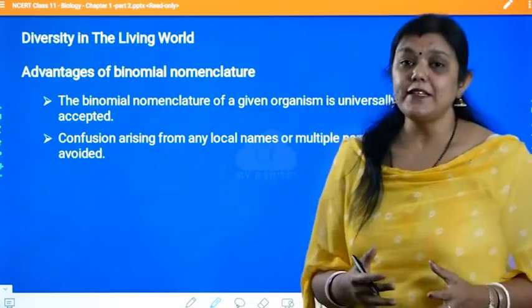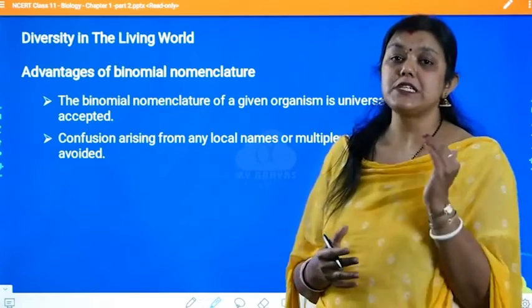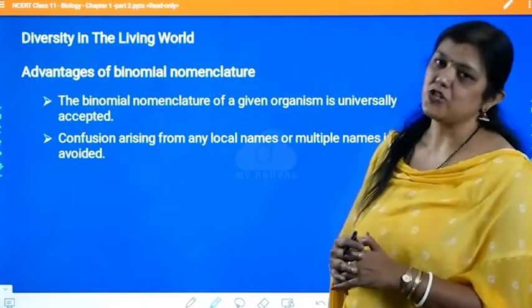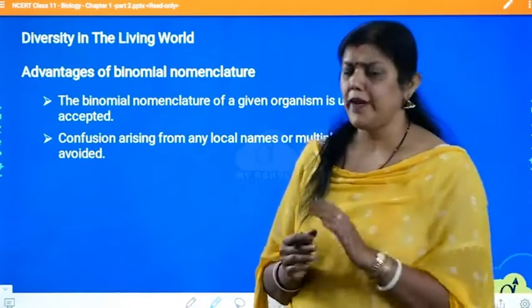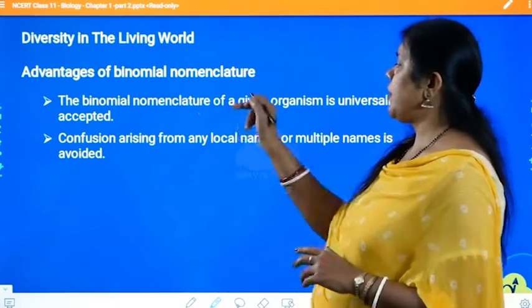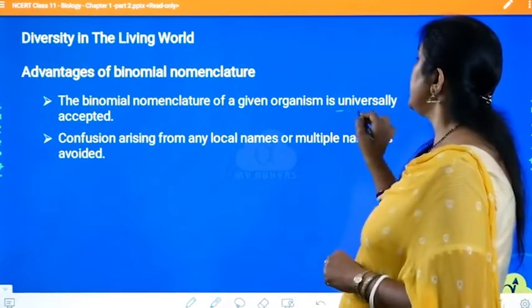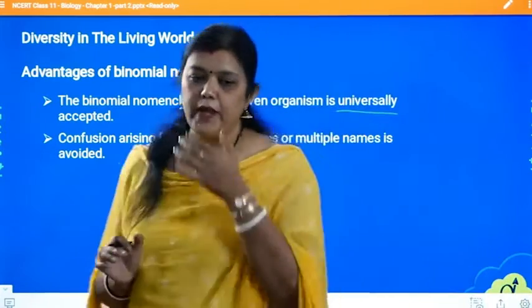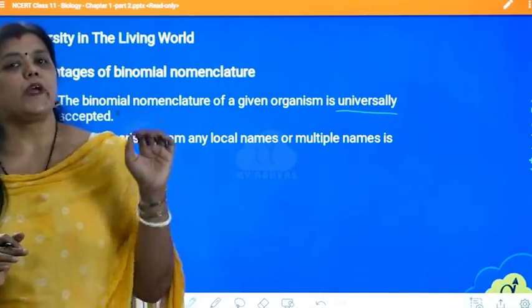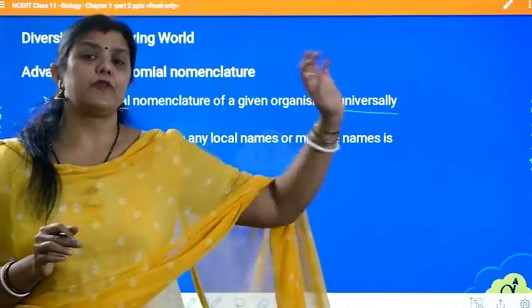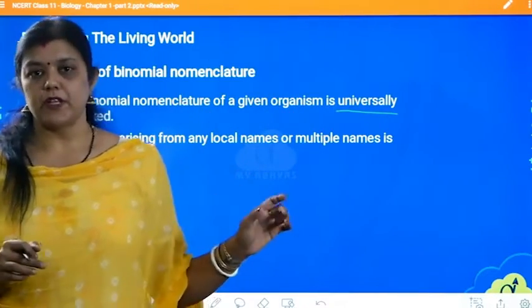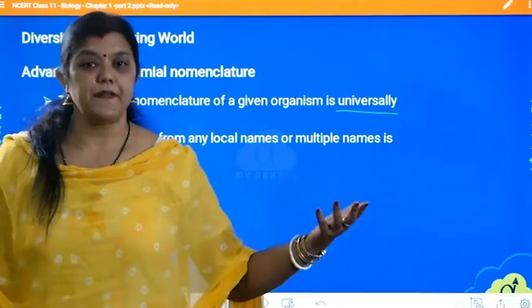So to avoid this confusion and to give a generalized instruction, we do this binomial nomenclature, and it is accepted worldwide, everywhere. So the binomial nomenclature of a given organism is universally accepted. It is like, you can go to any part of the country, any part of the world, and you only have to tell the scientific name of that organism when you are talking to some other person.